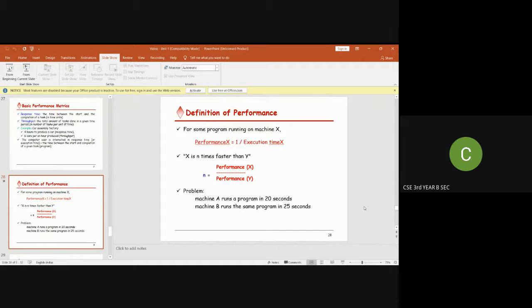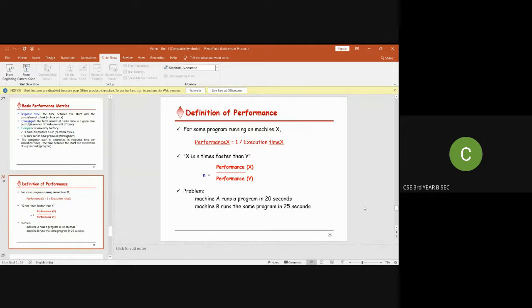For example, if your machine runs a program in 20 seconds, that is, the execution time of machine A is 20 seconds, and the execution time of B is 25 seconds. So, we can simply say that the performance of machine A is 1 by 20 and the performance of B is 1 by 25.